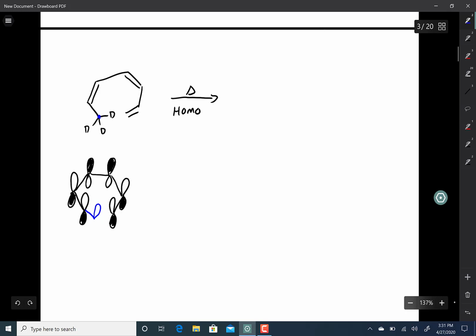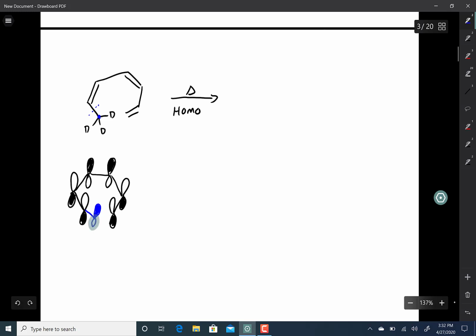And let's get the shading right. There's not a pi bond between these two, and so when we're shading it, we're going to shade it like this. We're not going to worry about the deuterium yet.